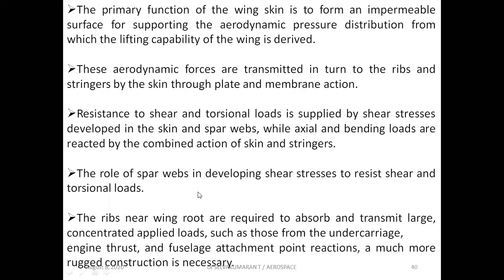The ribs near the wing root are required to absorb and transmit large concentrated applied loads, such as those from the undercarriage, engine thrust, and fuselage attachment point reactions. A much more rugged construction is necessary. That is, a tough construction is necessary.